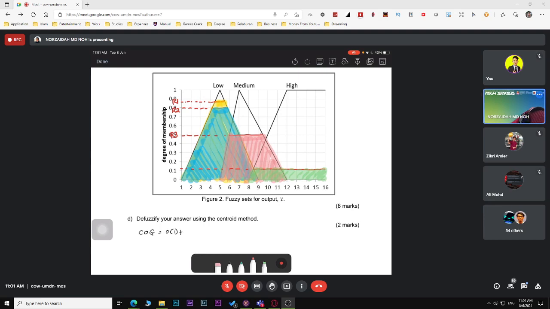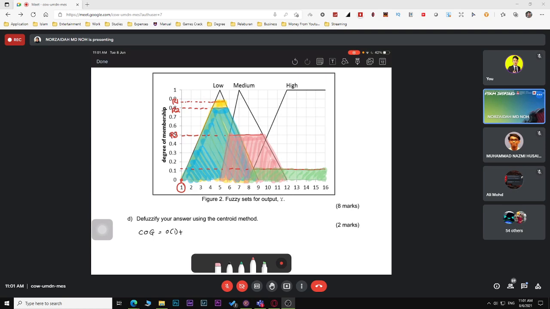Dekat 1 maksud you yang ni, value dia 0, betul tak? Value dia 0 kan kat graf tu, low tu.